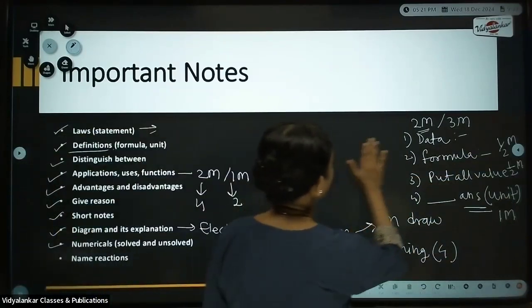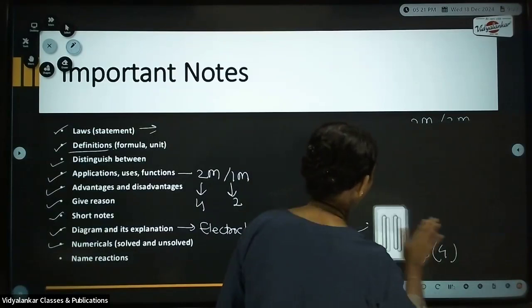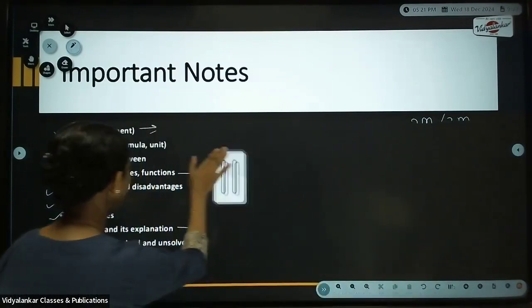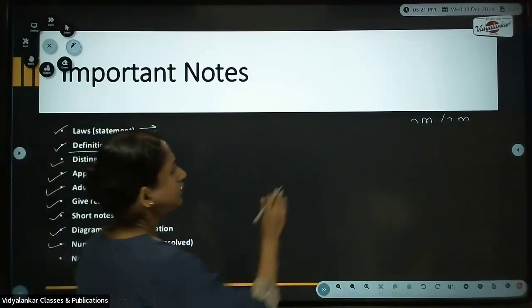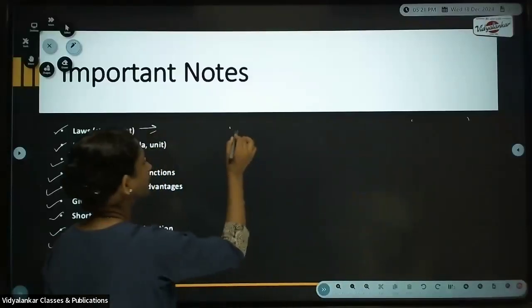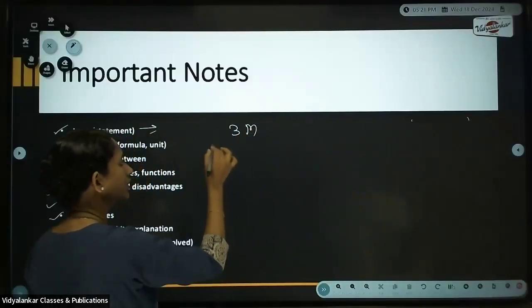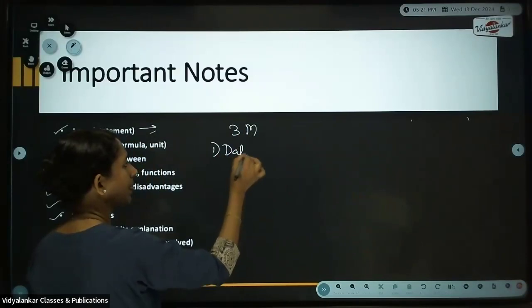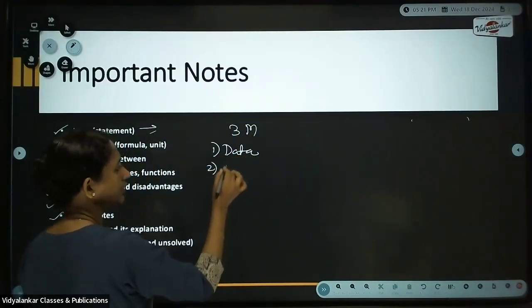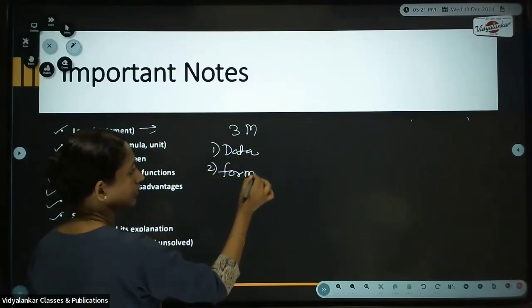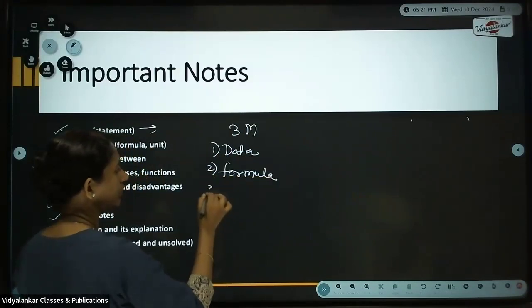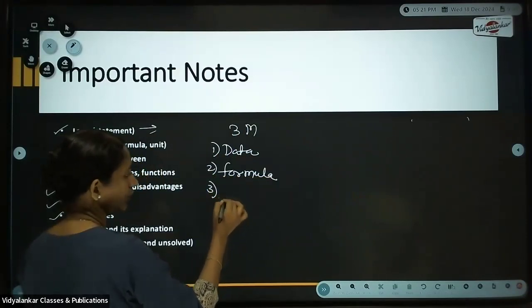And if the numerical is asked for 3 marks, again in a similar way, write the data. Second, the formula. Third, put values.